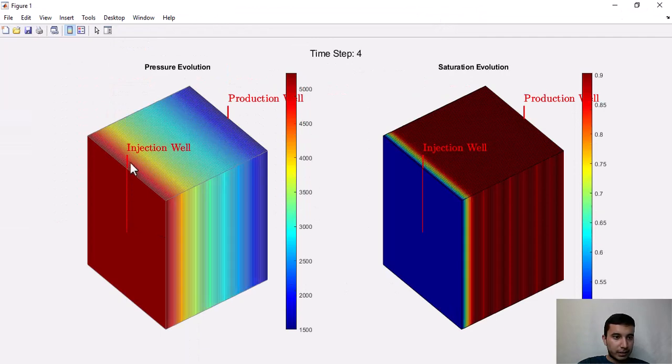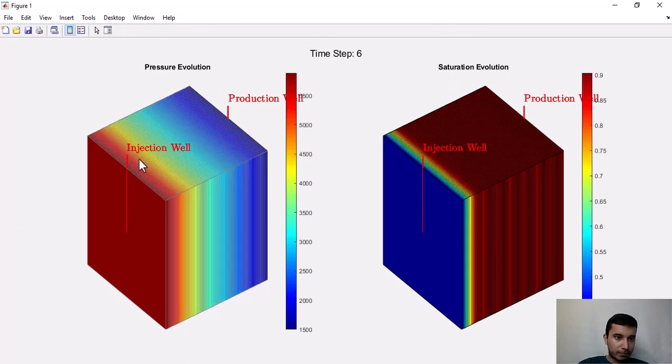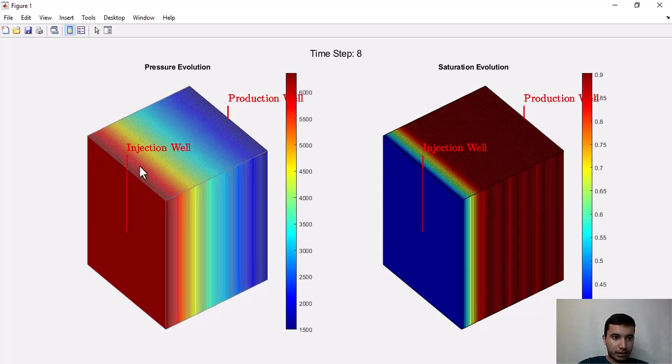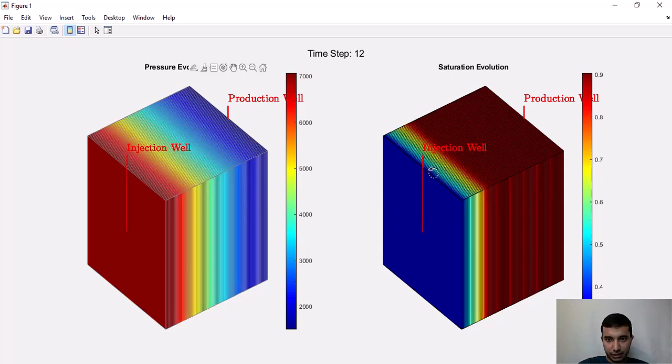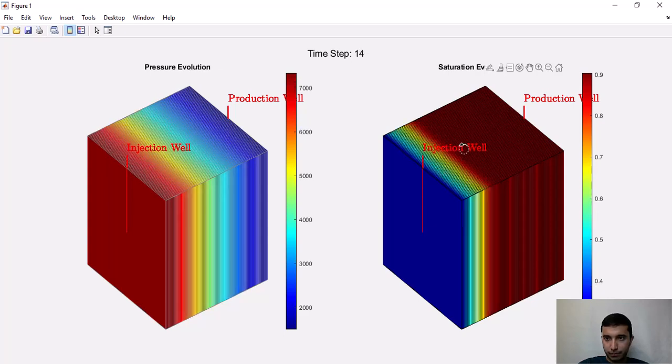Alright, and as you see, the water is being injected in through the injection well in the first cell of the model, and as it is clear, the pressure is increasing on this side of the model, and the water saturation is increasing here, sweeping the oil toward the production well.